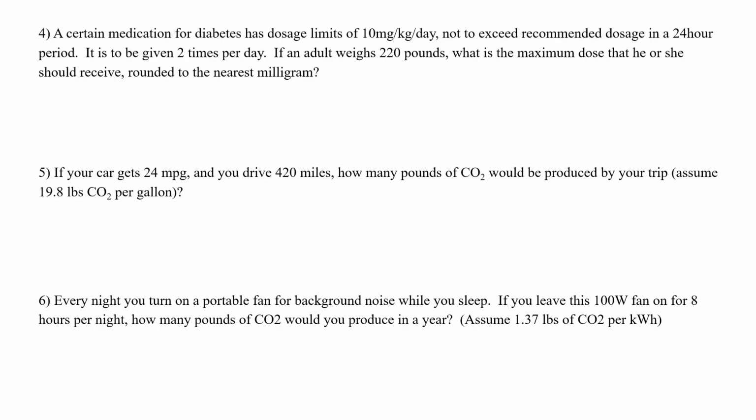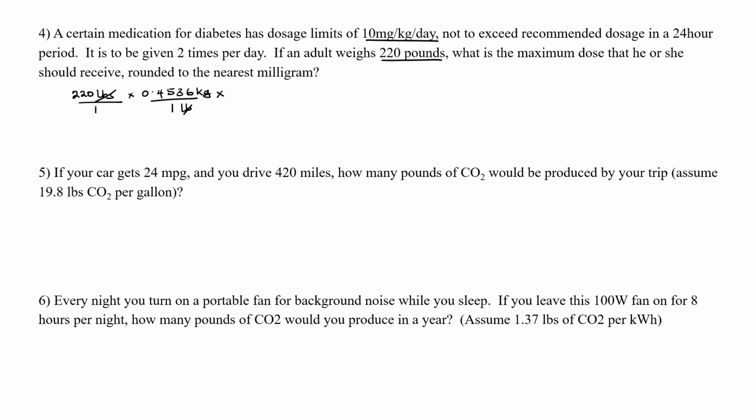For dosage calculations, we've been given how much the person weighs in pounds, and so we need to convert that to kilograms to determine how many milligrams we need to give that adult per day. We start with the person's weight, which is given as 220 pounds. Then using our conversion table, we can convert to kilograms.